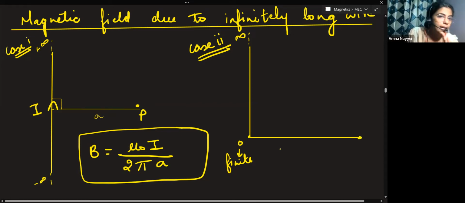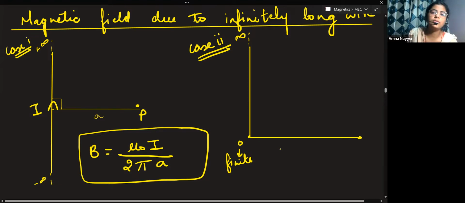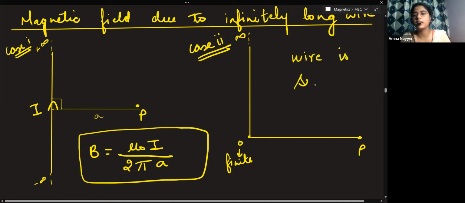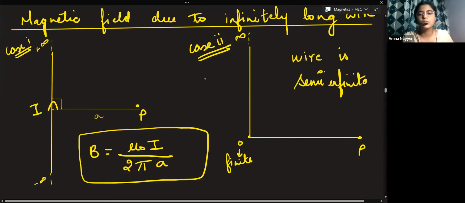The condition for the calculation of this part, and whatever is included in your syllabus, is that the point where you are calculating lies at one end. So the wire is known as semi-infinite.